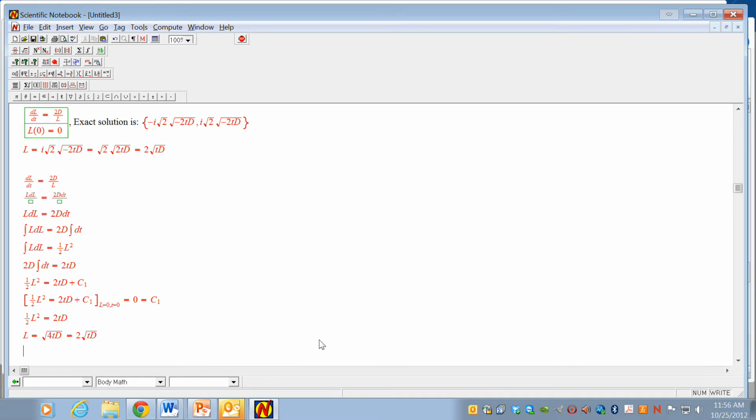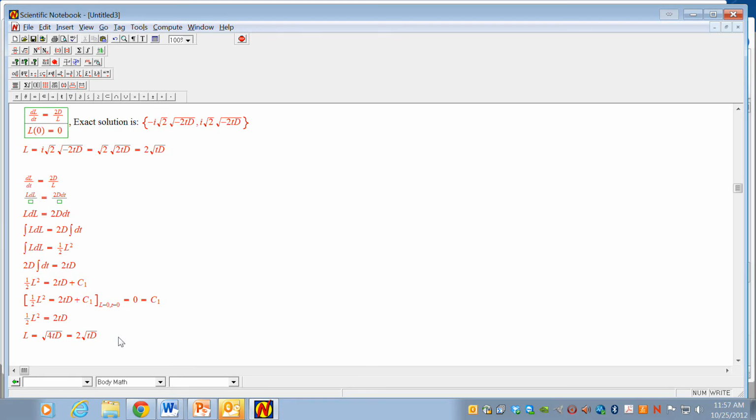Now if you're doing this, you should put in some text describing what each step is doing. I'm leaving that out just for brevity, but you should do that so that everybody can follow along.